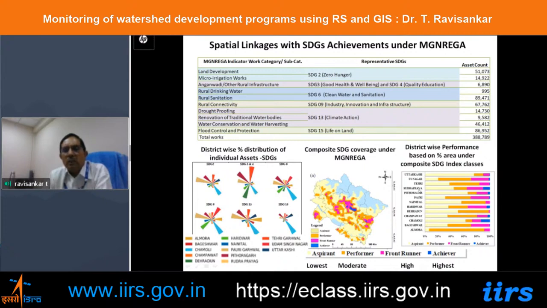This one is good, and 2-3 districts are falling, whereas Almora is coming under the moderate performer. And this is how we can rank the districts in terms of their performance of Manrega assets creation and the sustainable development goals addressed. So this type of analysis we need to do for the entire country and see how we are progressing in this particular rural development flagship program.